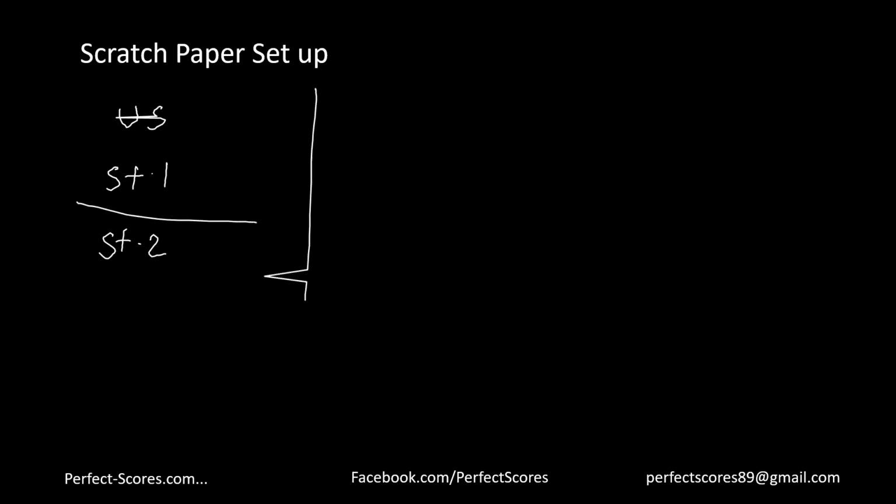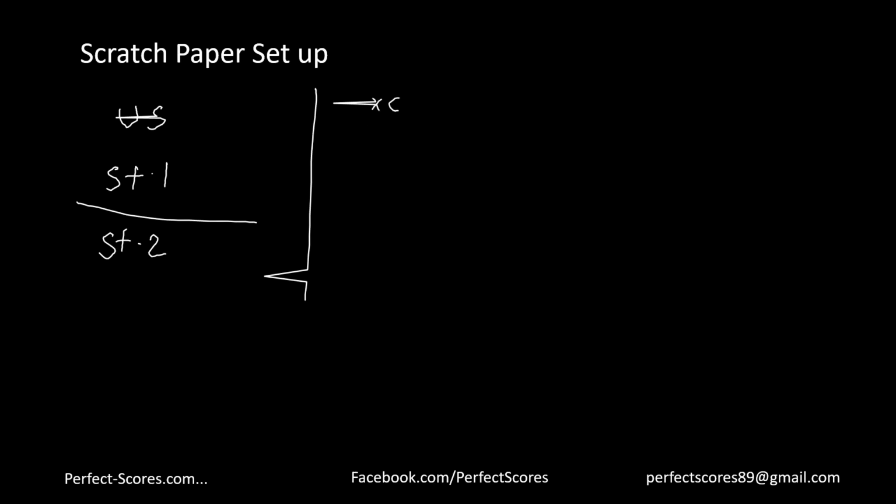Whenever you solve a data sufficiency problem, make sure that there is a clear discrimination between what you're writing for the universal statement, what you're writing for statement 1, and what you're writing for statement 2. It's very important. I usually draw a line. So whenever I'm solving a question, I always say, okay, this is the universal statement.